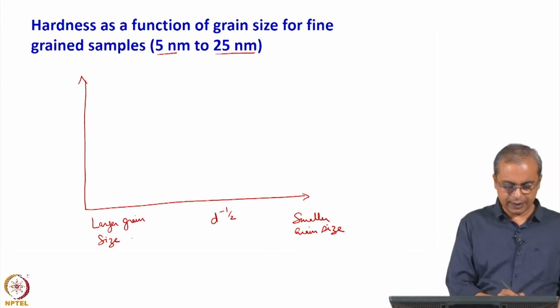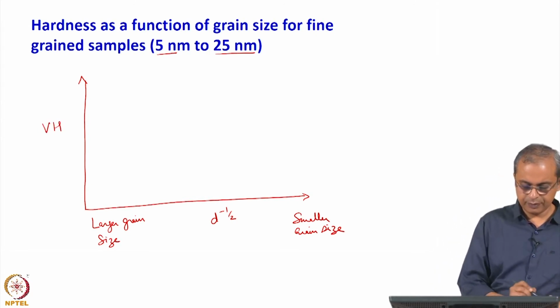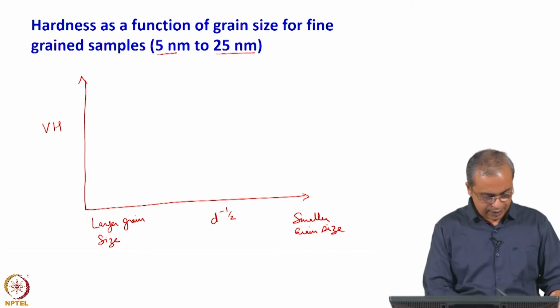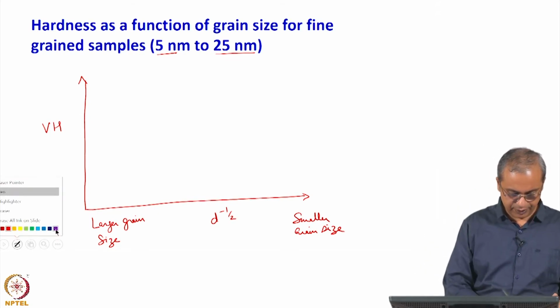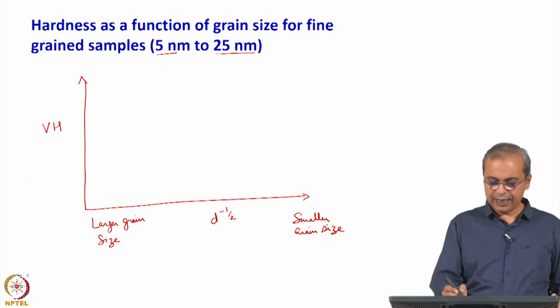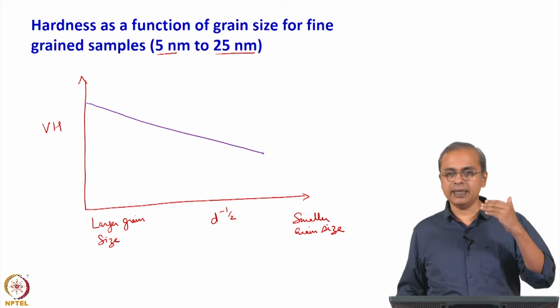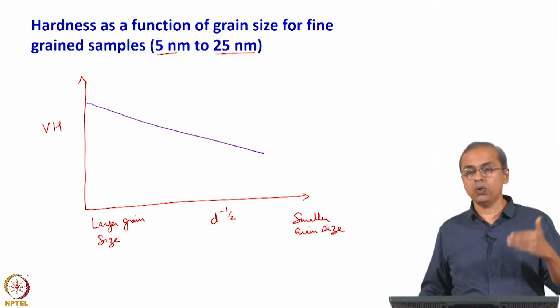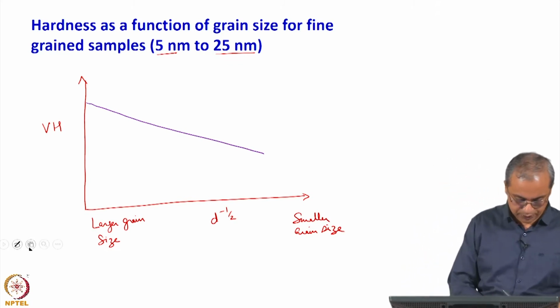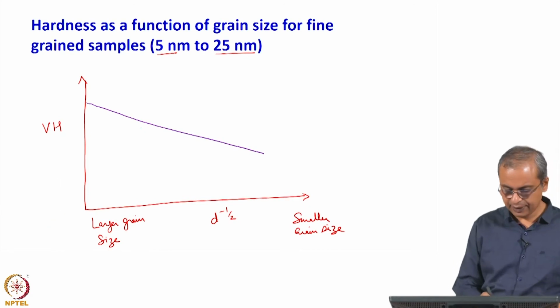And this is Vickers hardness, right. So, if you do this for these kinds of samples in the 5 nanometer to 25 nanometer range, you see a trend that looks like this. Okay. So, again the trend is linear, but the slope is now negative, right. So, the slope is no longer positive, the slope is negative.